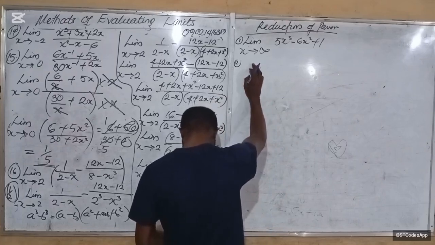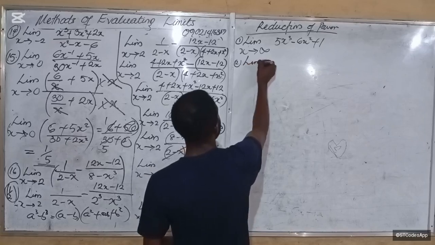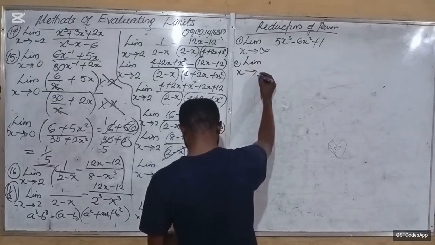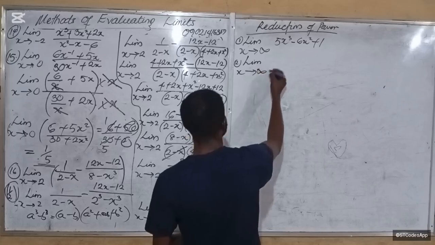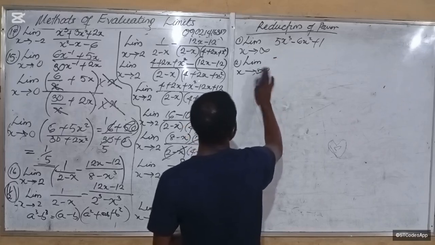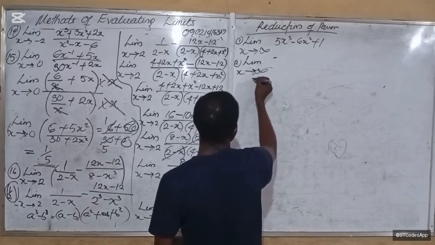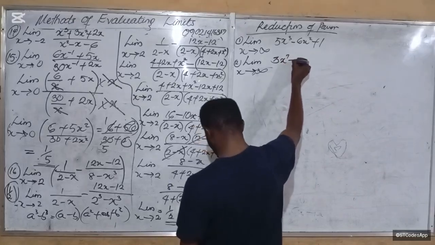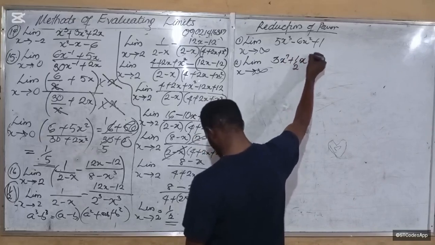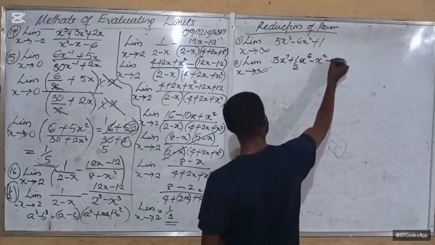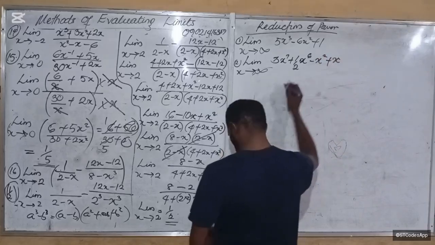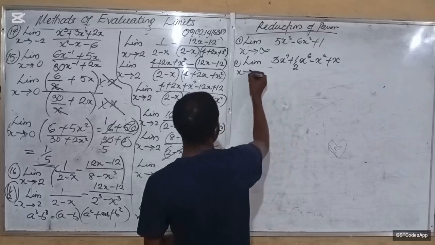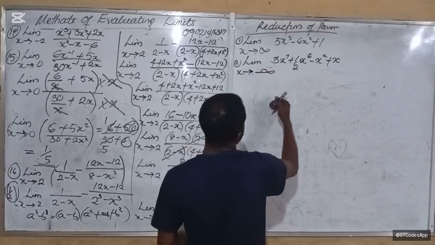Okay, so the limit as x approaches infinity again of, don't mind my infinity, either way, 3x raised to the power 7 minus plus 1 over 2x raised to the power 6 minus x squared plus x. Okay, now it says negative infinity as x approaches negative infinity.